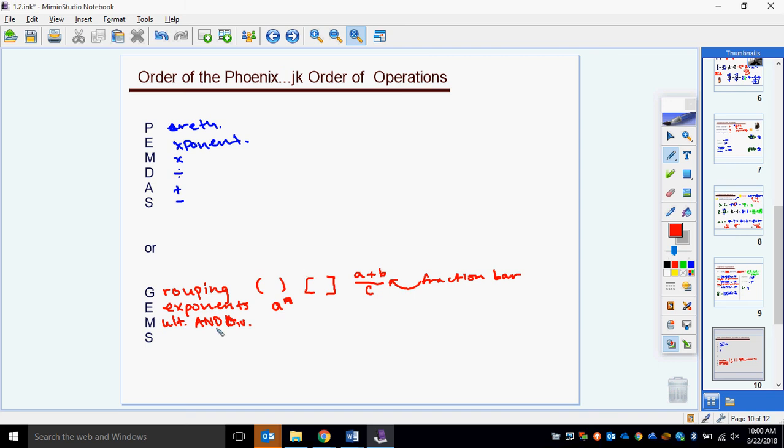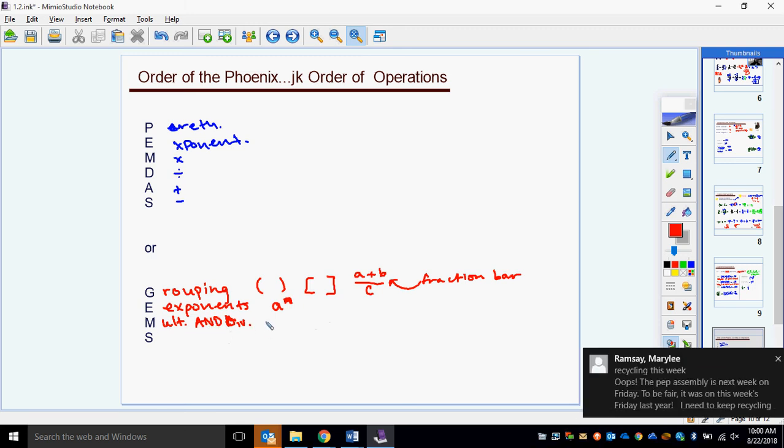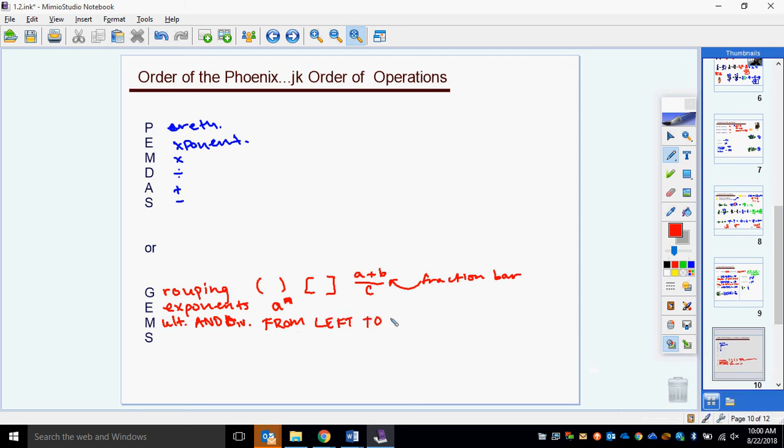How do I know? So the one part I want you to add to this is it's multiplication and division from left to right. That's how I know which one to do first. Okay, it's not that multiplication always comes first, or that division always comes first.